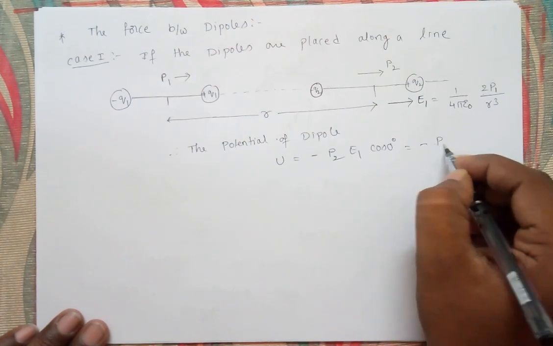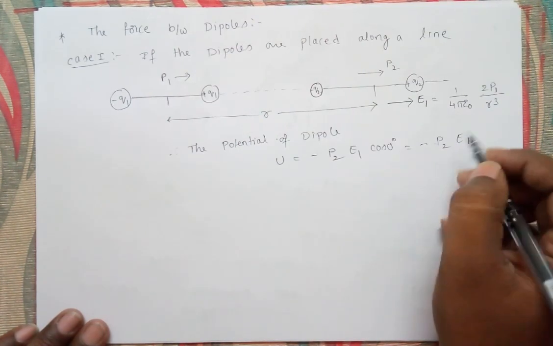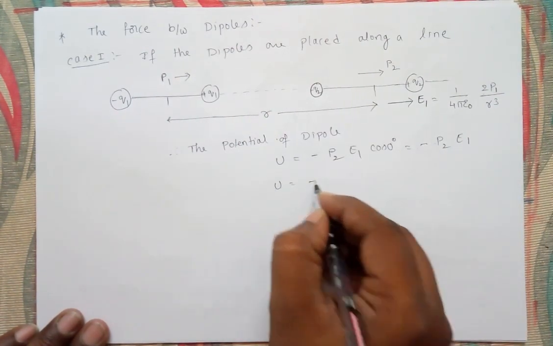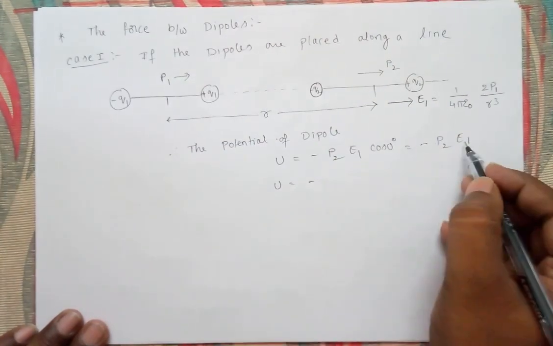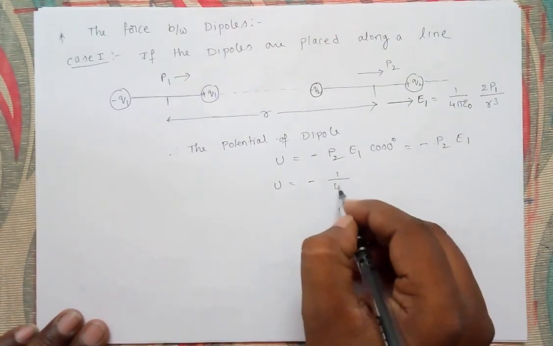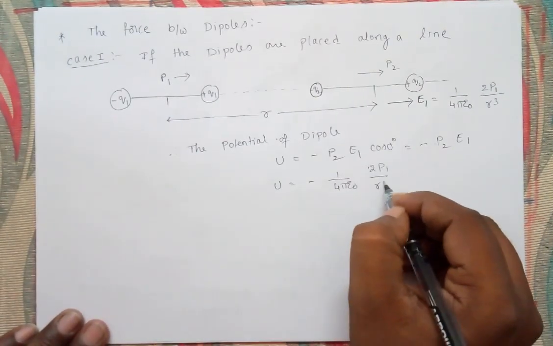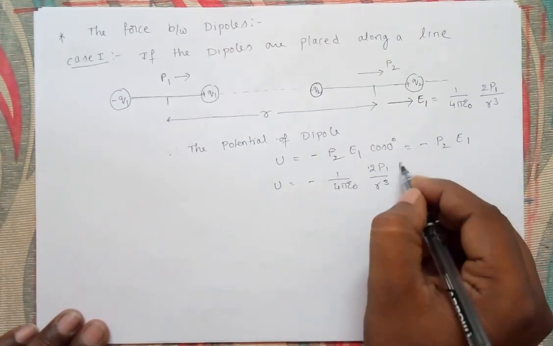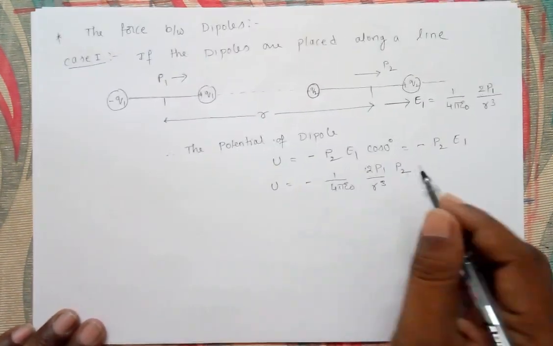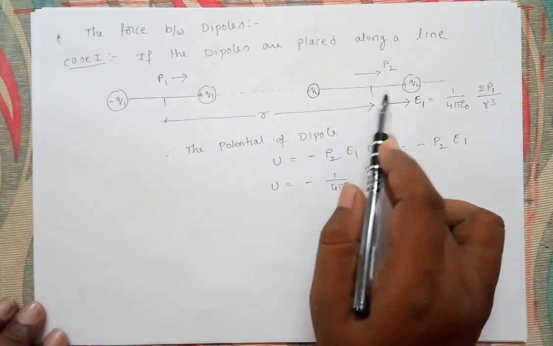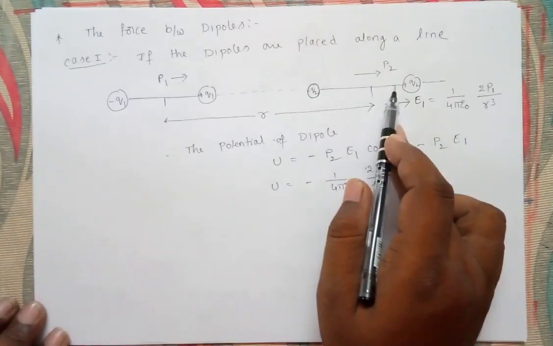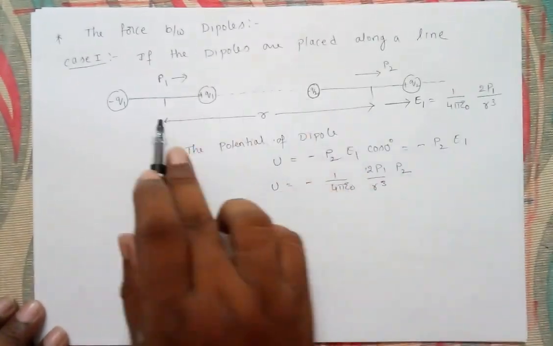Then U equal to minus P2 E1, which is minus 1 upon 4 pi epsilon naught into 2 P1 by r cube into P2. This is the potential energy stored in the second dipole due to the electric field produced by the first dipole.